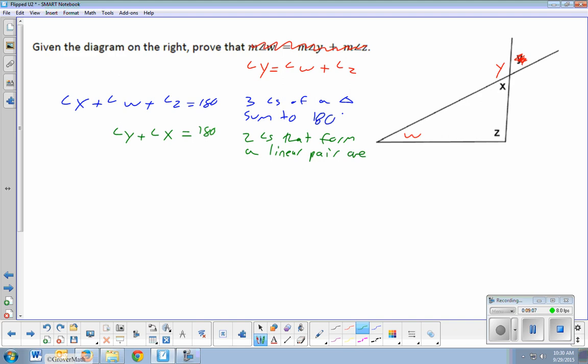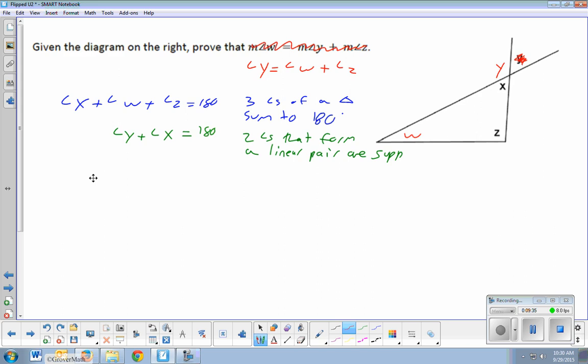are supplementary. And so you see, you're going to use the same arguments a lot. Two angles that form a linear pair are supplementary. And then I'm ready to jump to that next step. I'm ready to say that y equals w plus z. Why do you think I'm ready to say that? Well, if these things both equal 180, doesn't that mean that these things equal each other?